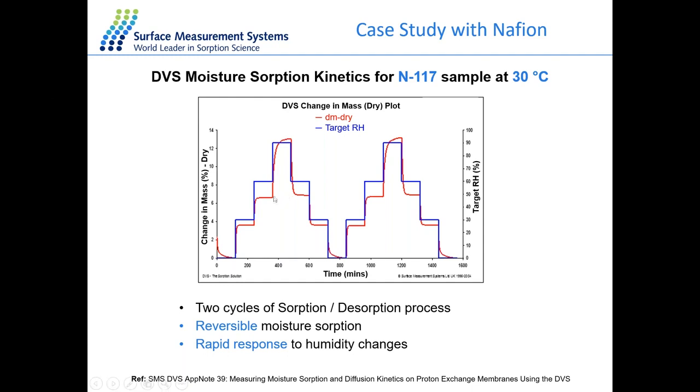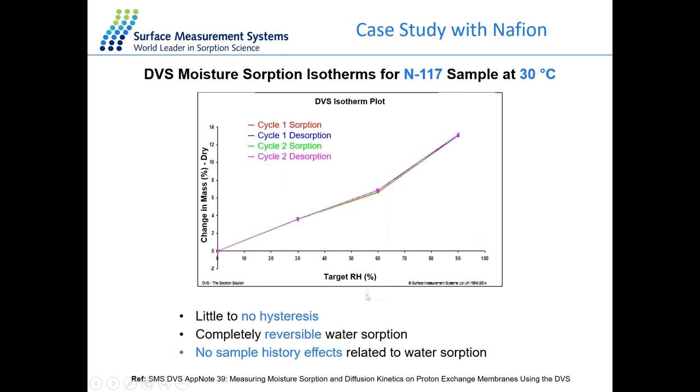So we can get the mass at the equilibrium state at each humidity stage and plot it against the target relative humidity. Then we can get this isotherm with the relationship between the target RH and the change of mass. Here the red and the blue lines are for the first cycle and the green and the pink lines for the second cycle.